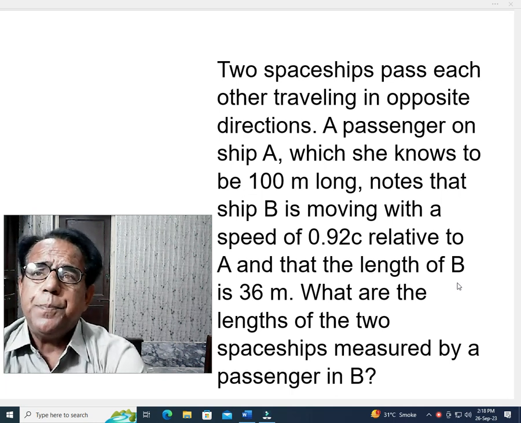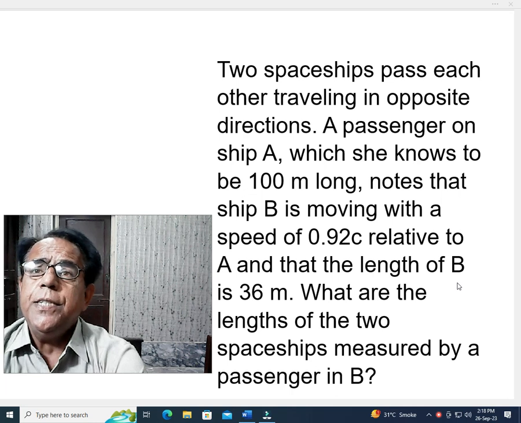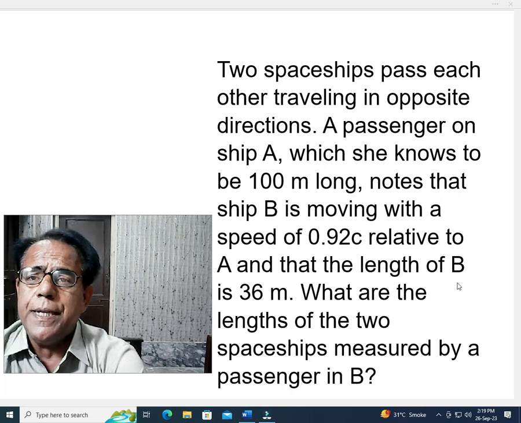Two spaceships pass each other traveling in opposite directions. A passenger on ship A, which she knows to be 100 meters long, notes that ship B is moving with a speed of 0.92 c, where c is the speed of light.